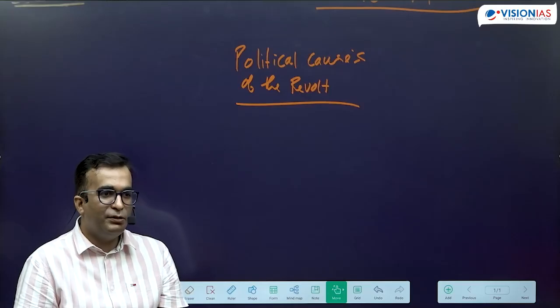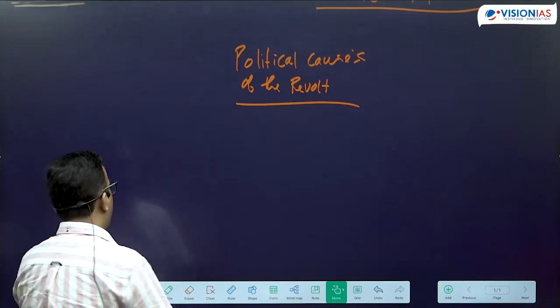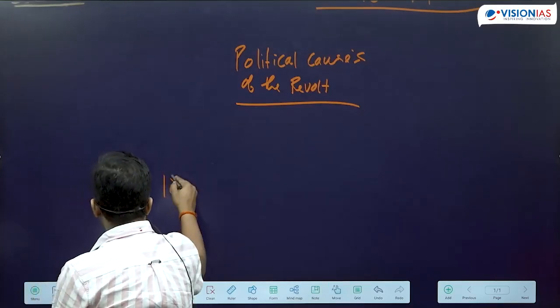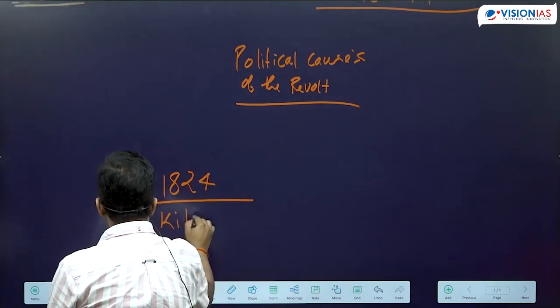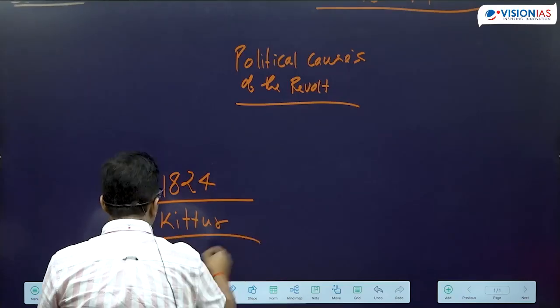And why they suggested? Because there was an event in Karnataka. So understand, in 1824, there is a princely state in Karnataka. The name of the princely state was Kittur.